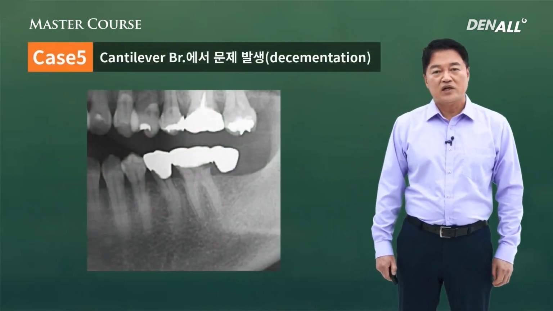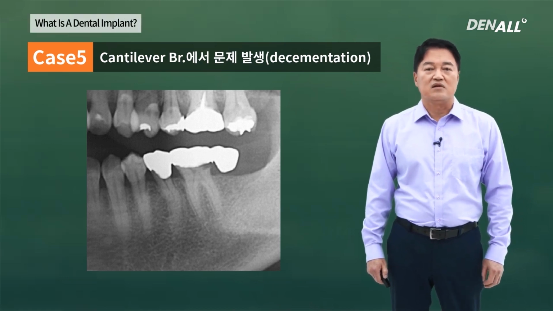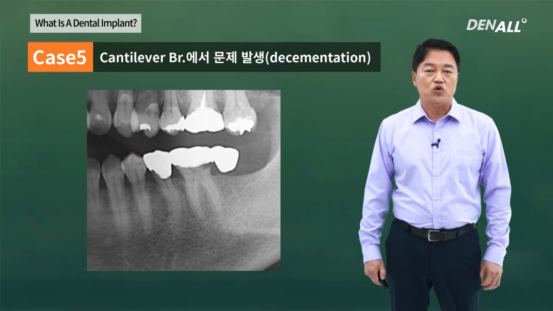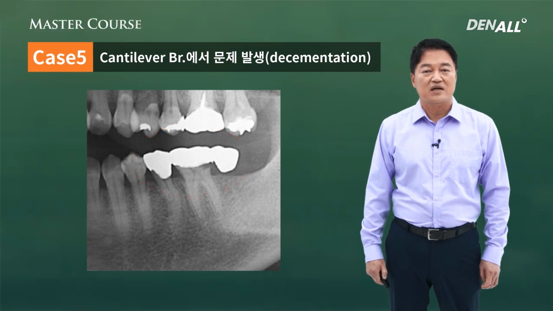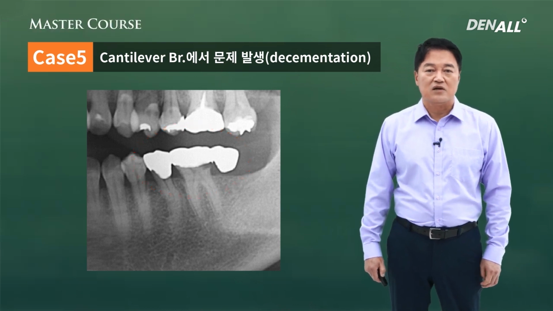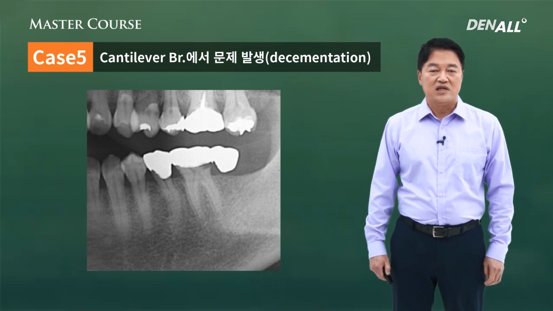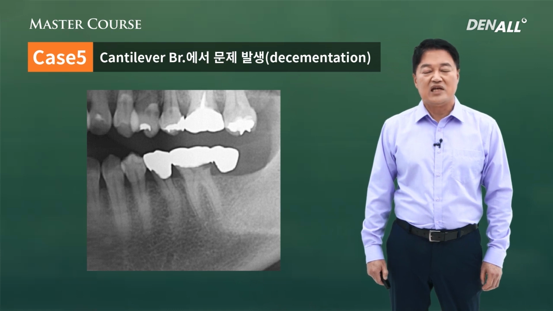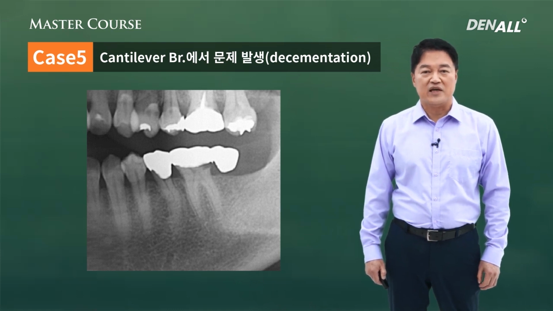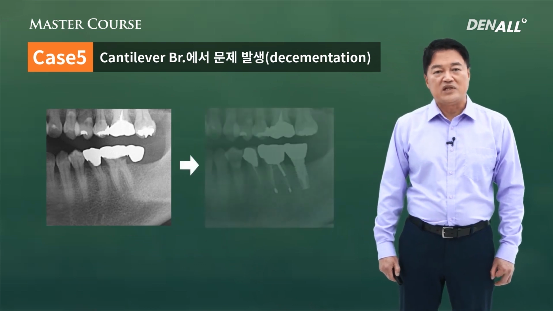Fifth case, the most distal molar was missing, and the 2 teeth in the front. Cantilever bridge treatment was done. In the past, implant treatment was not done frequently, and this was done instead. However, in the most distal area, when there's occlusal force, the leverage force is applied to the tooth in the front, and decementation occurred and caries was observed.